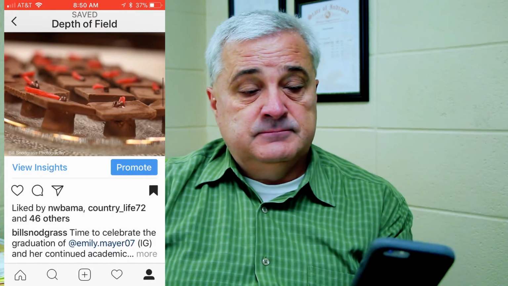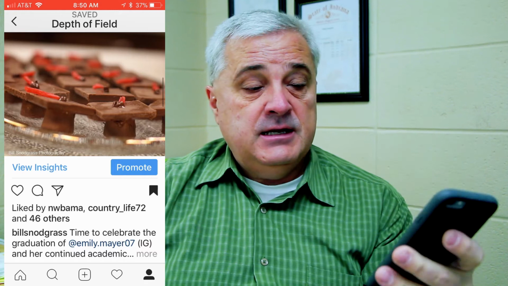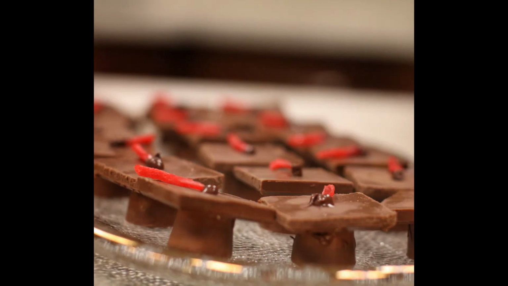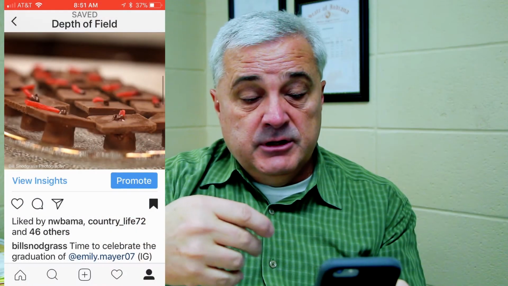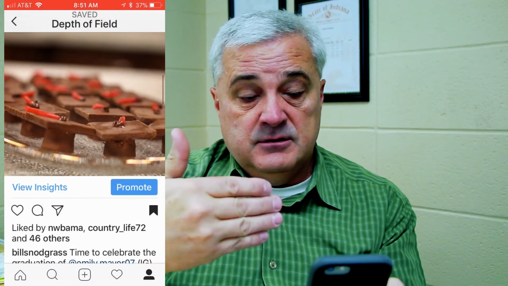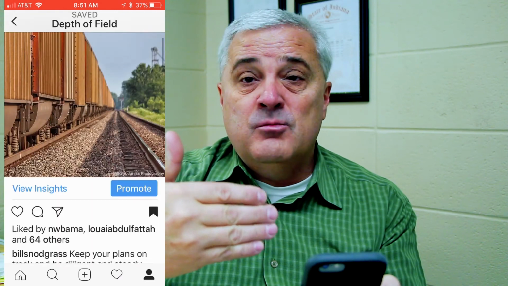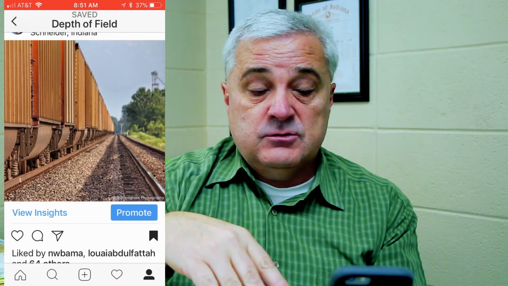What you have is the chocolates on a plate. You can actually see that the thing in the foreground, the rim of the platter, is out of focus. The first of the chocolates is in focus and very delicious. And the further you go on the tray, although the chocolates are probably still very delicious, the focus falls off because the depth of field is very shallow, really only capturing just a little more than one of the chocolate squares.